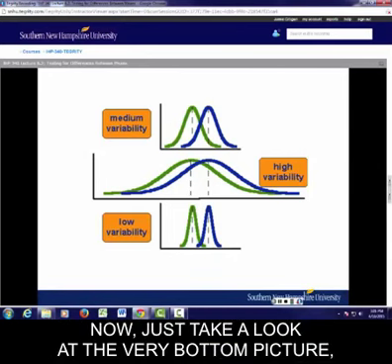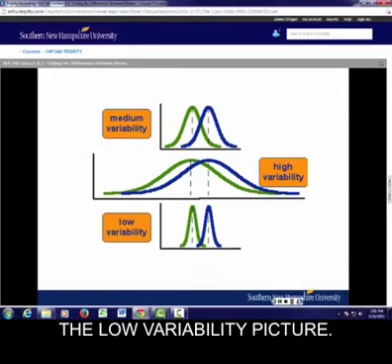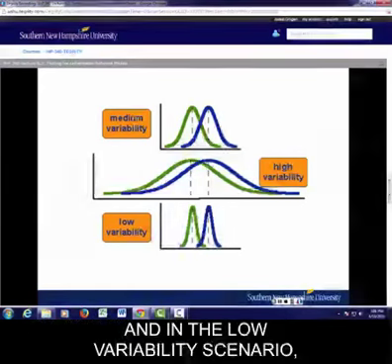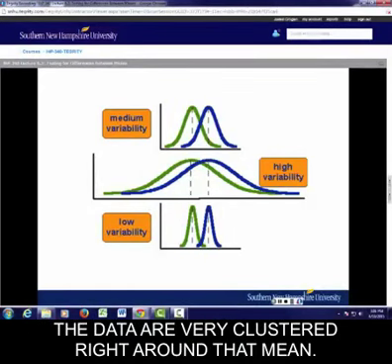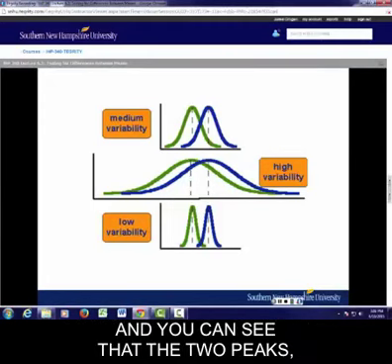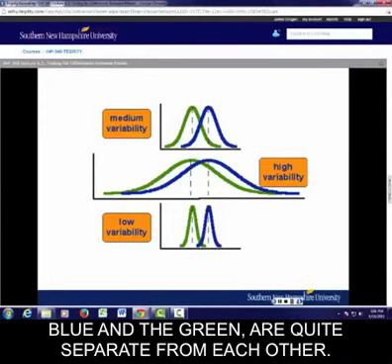Okay, so I just want to show you the impact of variability here. Now just take a look at the very bottom picture, the low variability picture. So you have 2 normal curves, the green and the blue, and in the low variability scenario, the data are very clustered right around that mean. So there's not a whole lot of spread in the data. And you can see that the 2 peaks, blue and the green, are quite separate from each other.